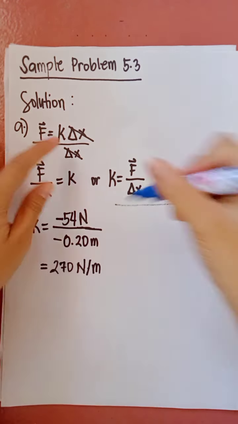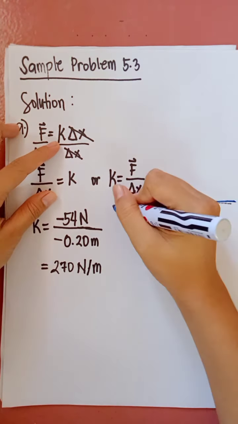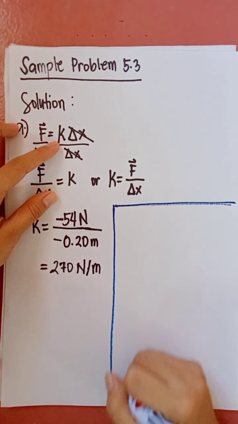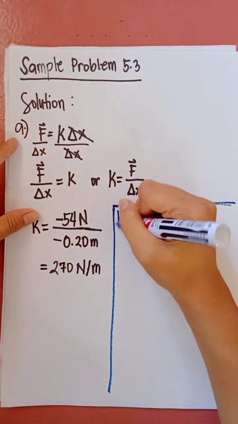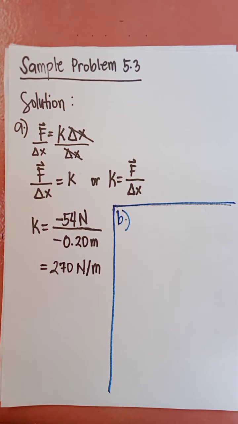We will just put it here to save space. We have to save resources. Alright, in this case, we need to use the force constant, or the value of K, which is 270 newtons per meter, as well as equation 5.2 to find out the force needed to compress the spring by 0.50 meters.